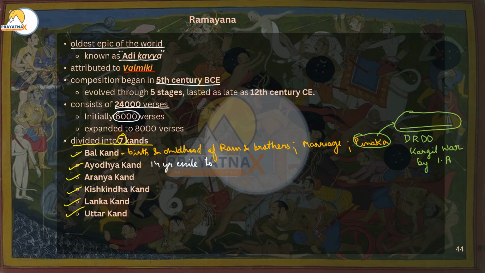Now, the name of the forest is Dandakaranya forest. Now, Ayodhya Kand also talks about the stepmother Keki's work, who uses a boon from King Dashrath to basically install Bharata as the crown prince of the kingdom.